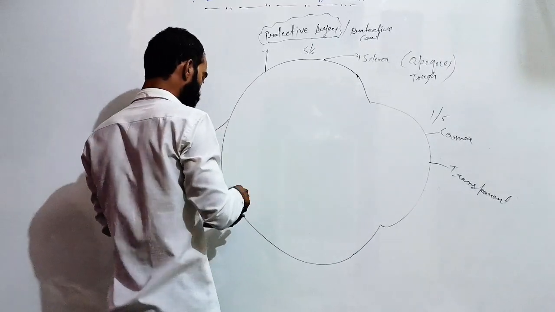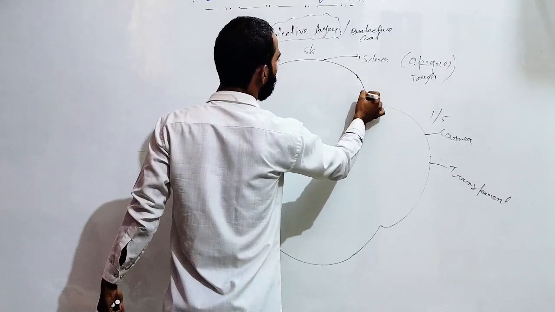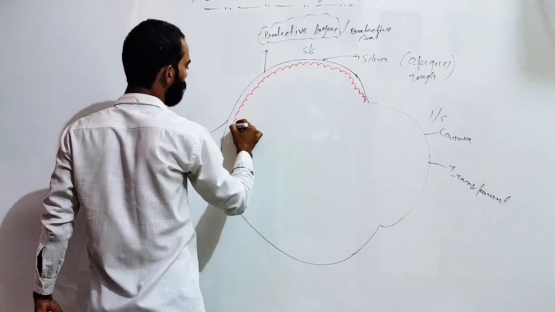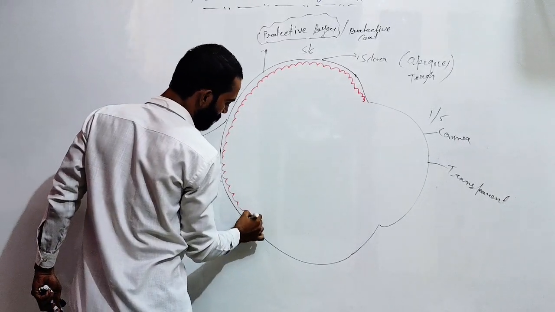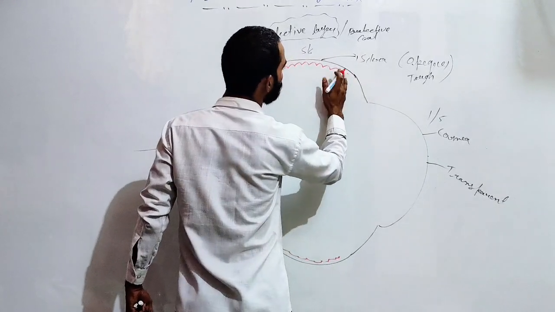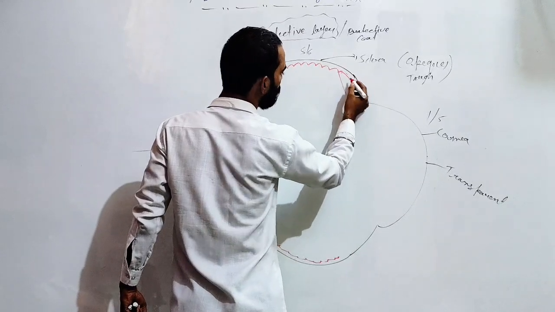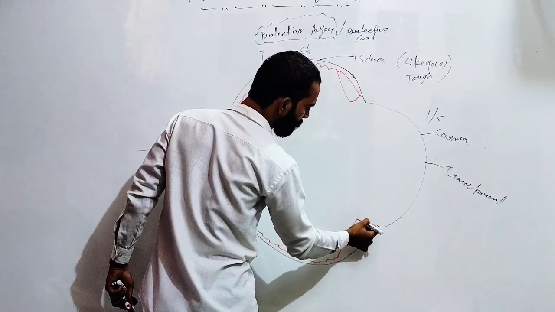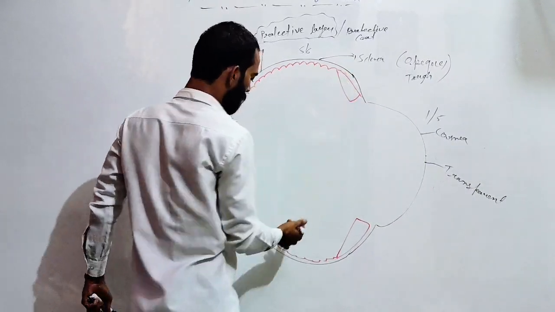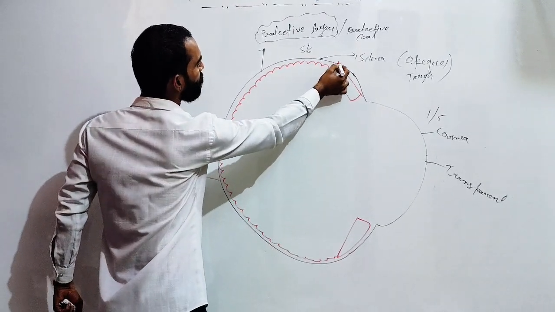And the second layer is the vascular layer or nutritive layer or middle layer, which consists of mainly three components. Up to here, this is choroid.